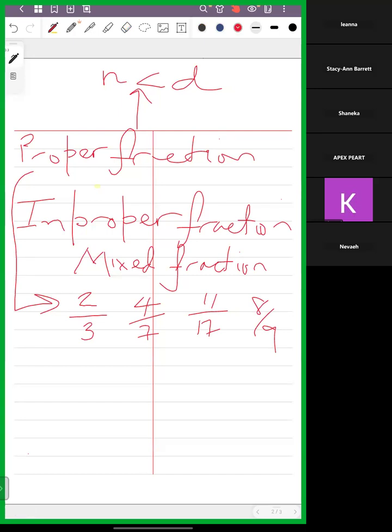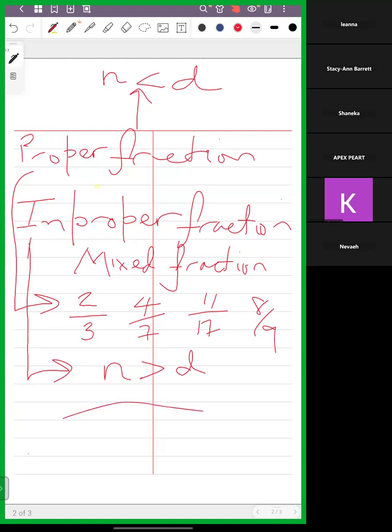Now, when it comes to improper fractions, it's just the opposite of proper. So with an improper fraction, let's put an arrow down here, guys. Watch where the arrow points from. So for an improper fraction, we're looking at the fact that n is actually greater than d. So the number that you choose to put at the top has to be bigger than what you have at the bottom.